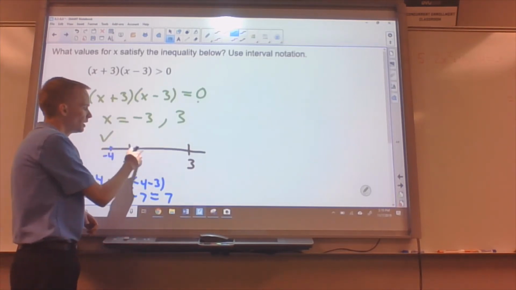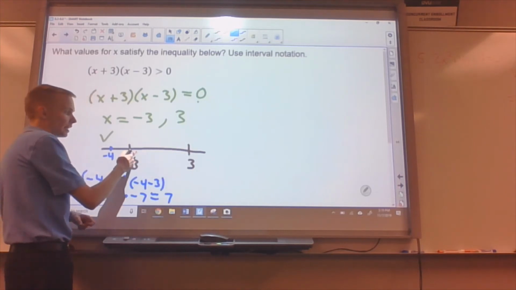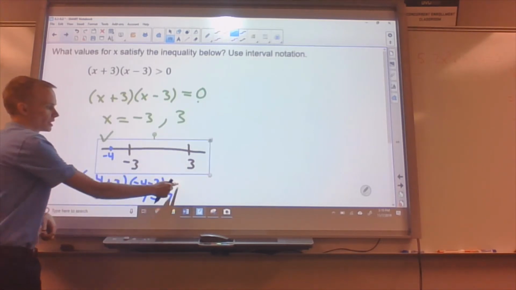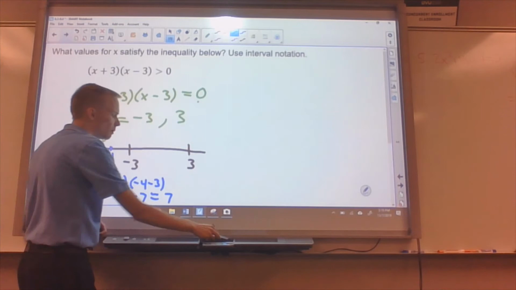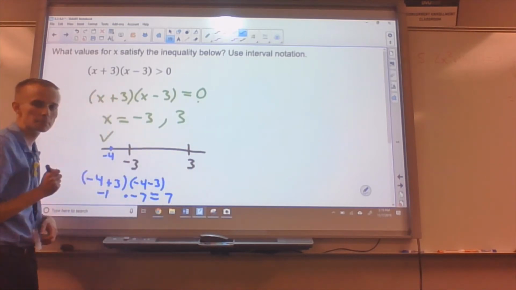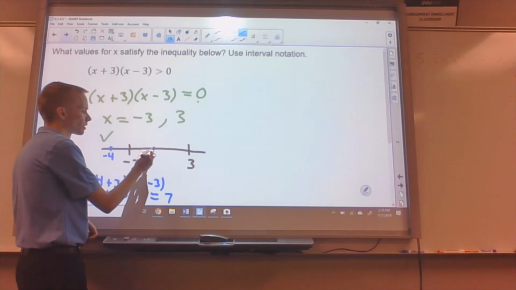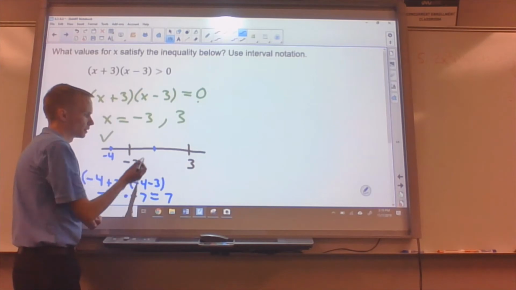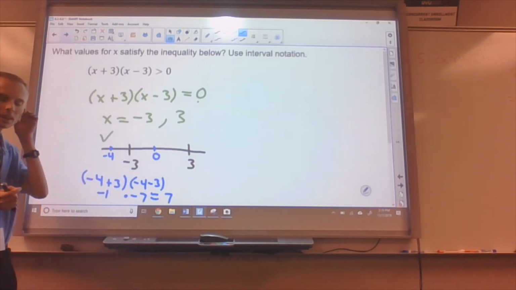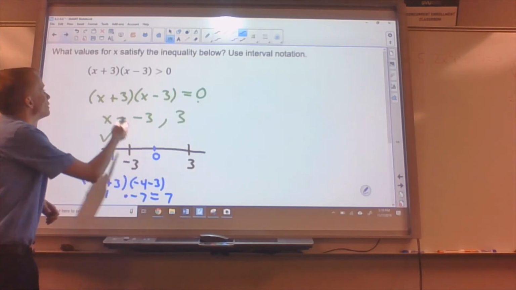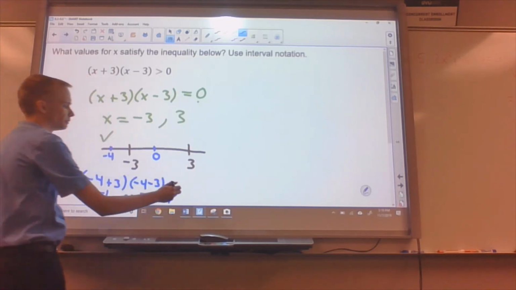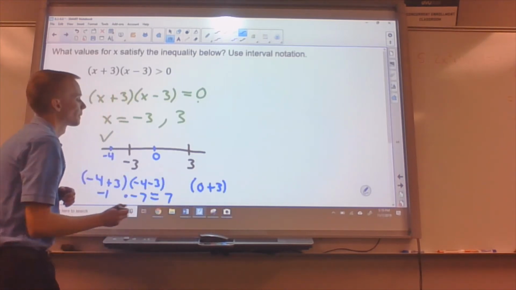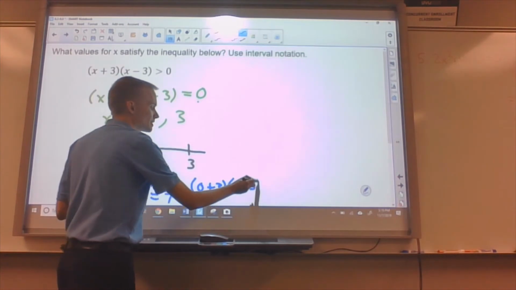So all of these points over here need to be doing the same thing. Okay? Now we would do a very similar thing for the chunk of the number line between negative 3 and positive 3. I would pick some number in between to plug in and see if it works. What's a good number between negative 3 and positive 3? We can maybe do 0. That should work just fine. If I plug 0 into the equation, I'm going to have 0 plus 3 and 0 minus 3.